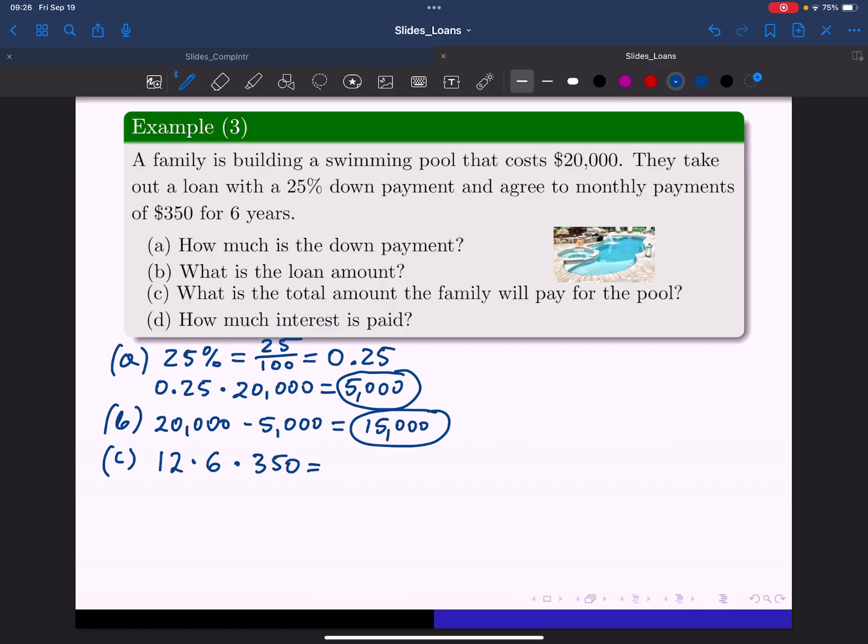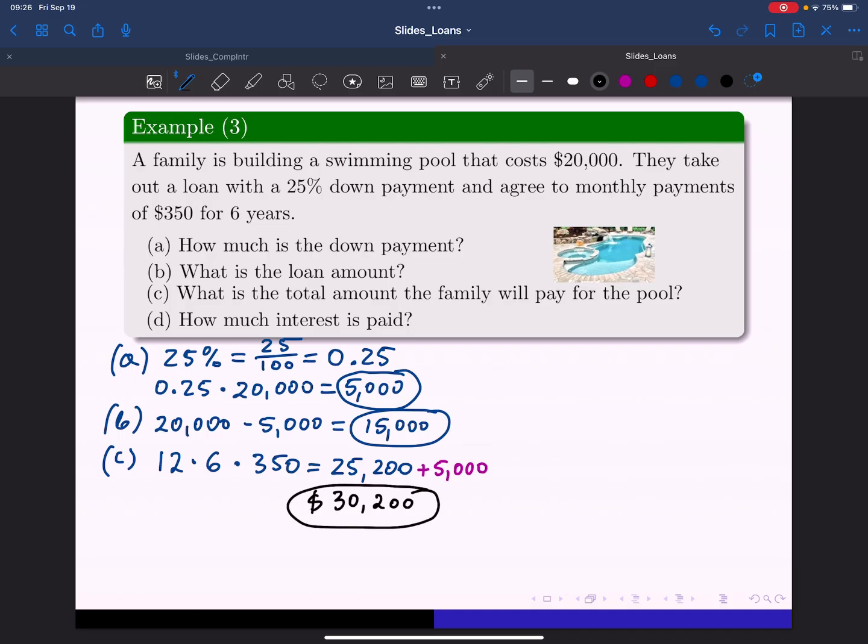So we pay 25,200. But we already deposited 5,000, so we need to add 5,000. So the family for the swimming pool with the financing is going to pay 30,200.